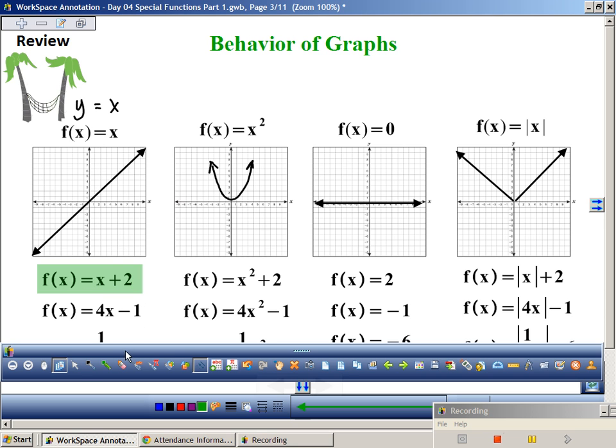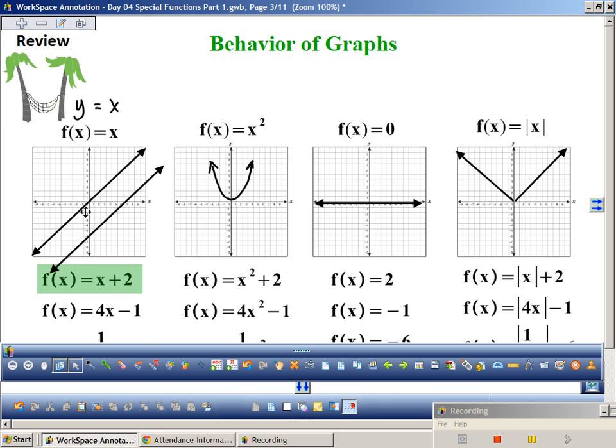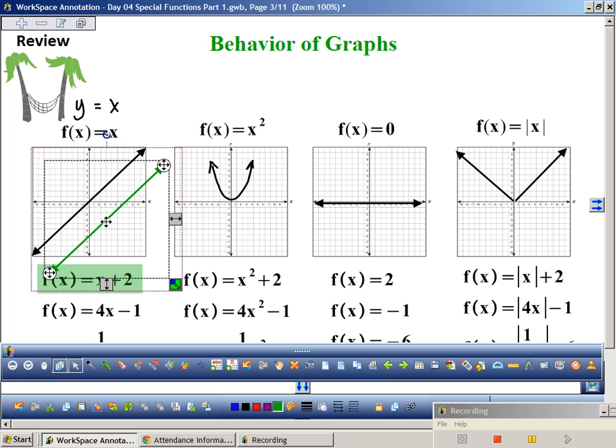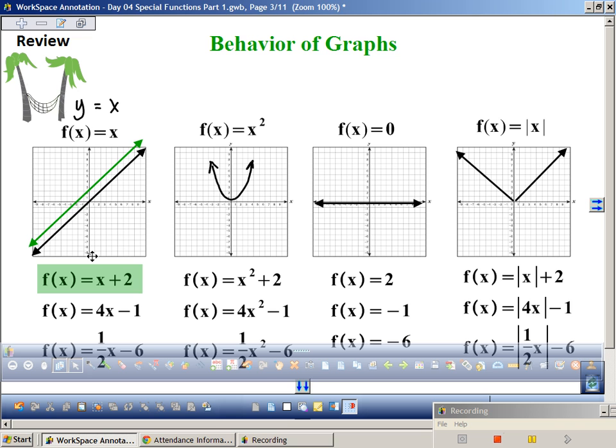What would f of x equal to x plus 2 look like? Let me make this line green. So I'm starting here. Where would I go? Up 2. I would shift up 2. Same line. Slope is still the same, right? Only it's shifted up 2.